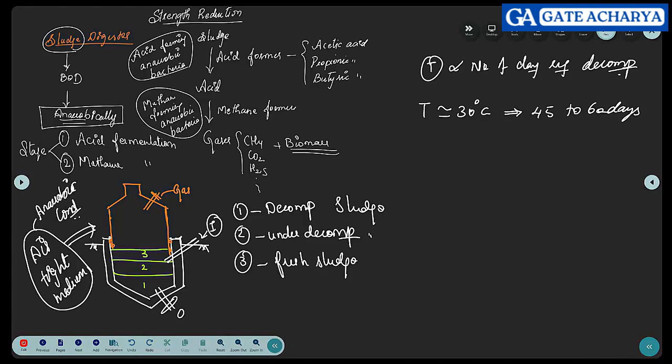If the temperature falls, the decomposition days increase. If the temperature increases, the decomposition days reduce. During the summer season, temperature is usually more than 30 degrees, so the gas production will be high. During the winter season, when the temperature falls below 30 degrees, the gas production is less.